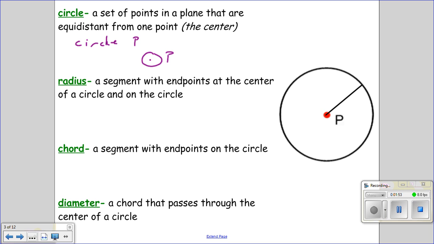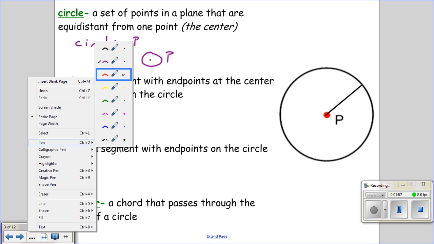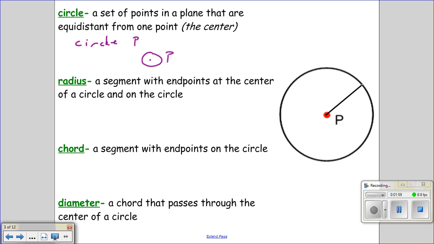So a radius is a line segment which has two endpoints. Again, one being the center, the other one being some other point. So let's say this is point A. So the radius is called PA or AP. But again, when you name a radius, you must draw that line segment bar above the 2 points, the 2 endpoints, that is.